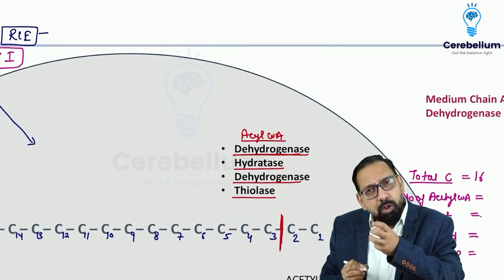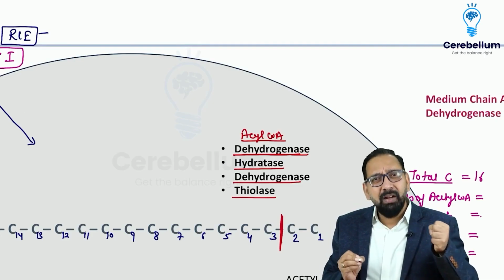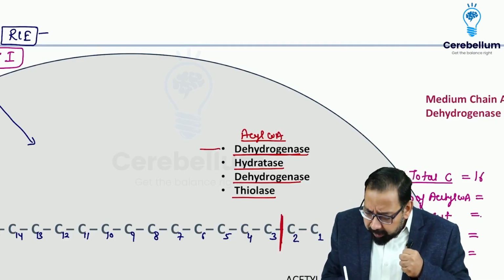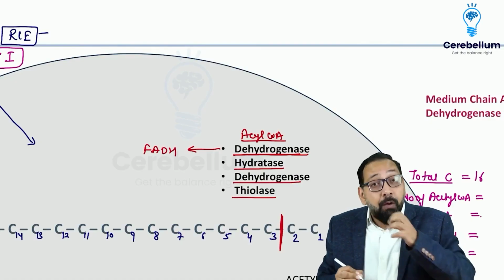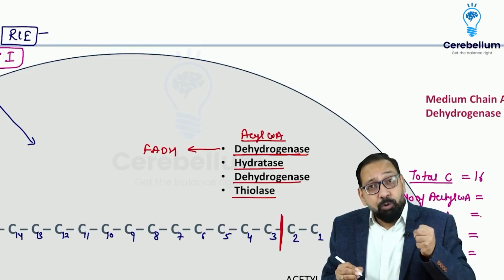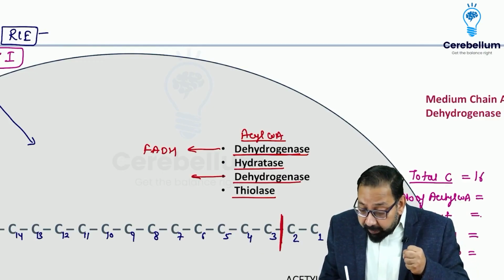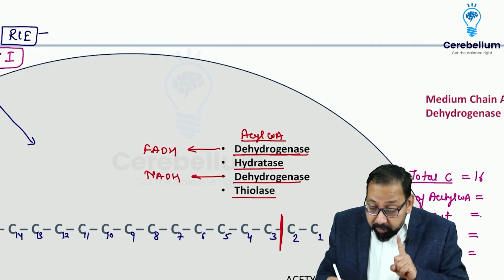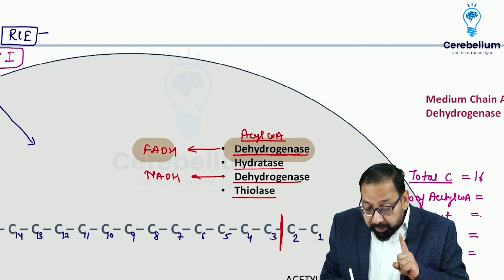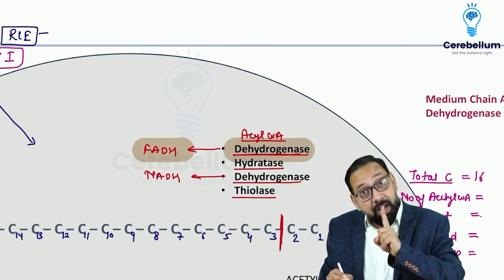And you know the rule, wherever dehydrogenase is there, hydrogen is removed. In the first, hydrogen is taken up by FAD to form FADH2. In the second, whenever dehydrogenase acts, hydrogen is removed and taken by NAD to form NADH. Mnemonic: first dehydrogenase produces FADH2, F for first, F for FADH2.